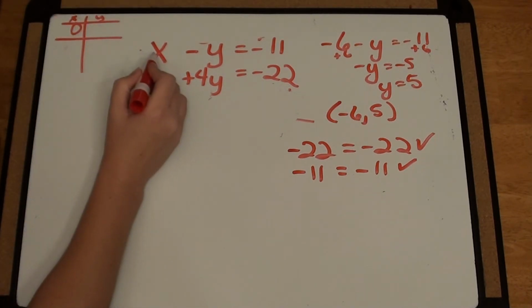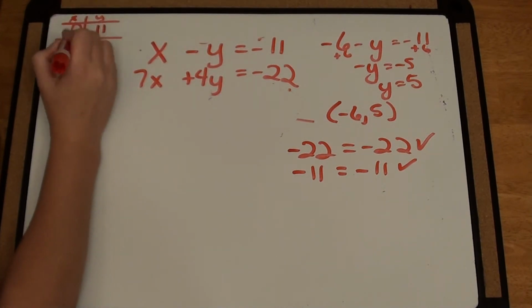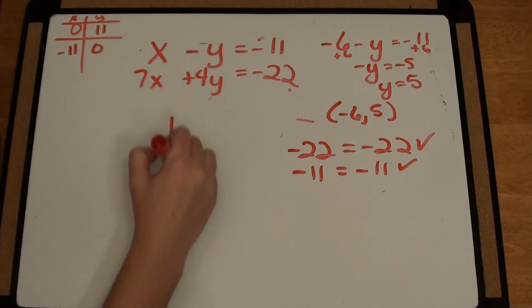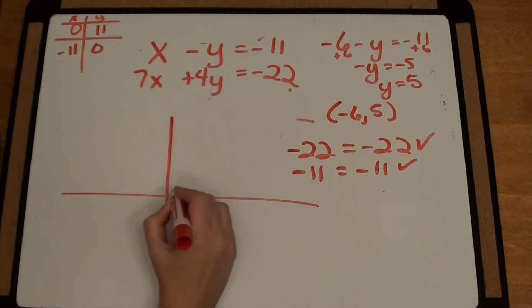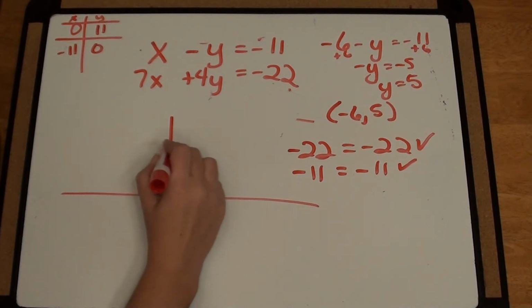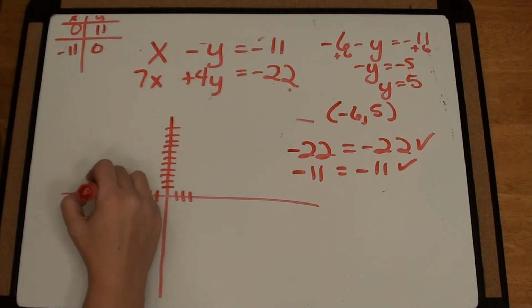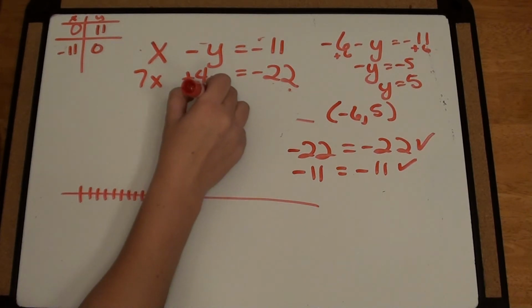If I put a 0 in for my x, y is 11. If I put a 0 in for my y, x is negative 11. That's pretty easy. 1, 2, 3, 4, 5, 6, 7, 8, 9, 10, 11. So it's going to look something like this.